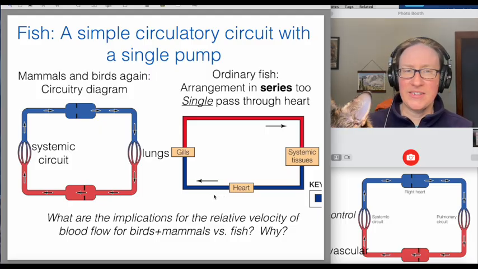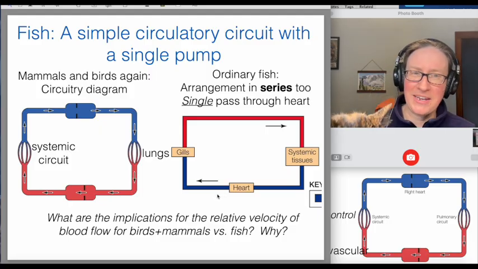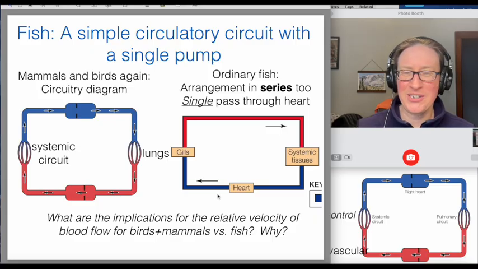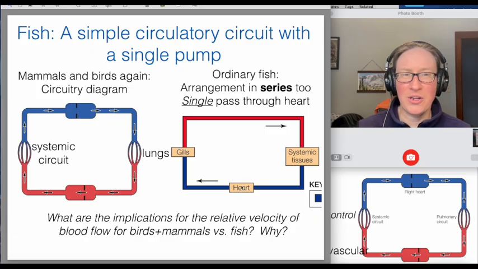And I have this question on the slide of, well, okay, what are the implications, Martha, for the relative velocity of blood flow for mammals and birds compared to fish? So think about this. Blood goes from the heart to the gills, right? At the gills, that blood needs to be reoxygenated, so it's going to pass through capillary beds in the lamellae of the gills.